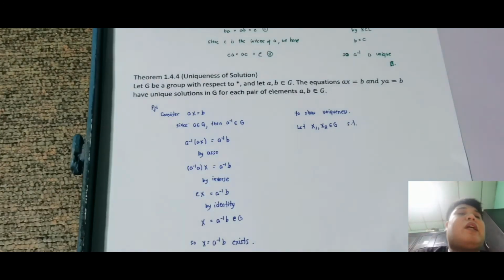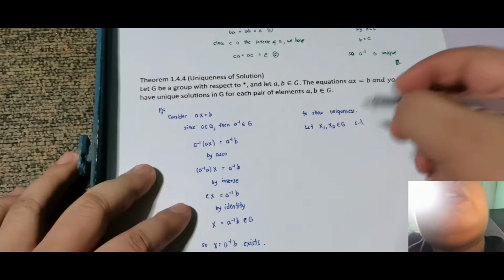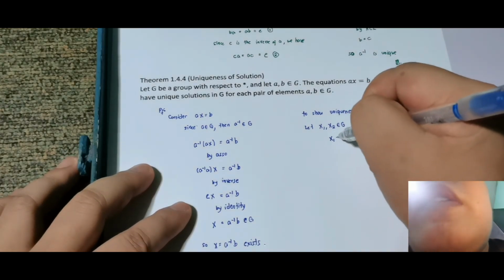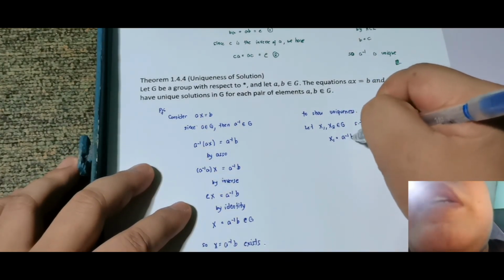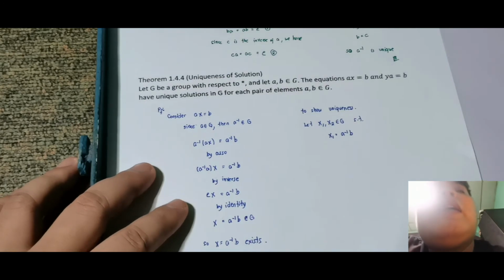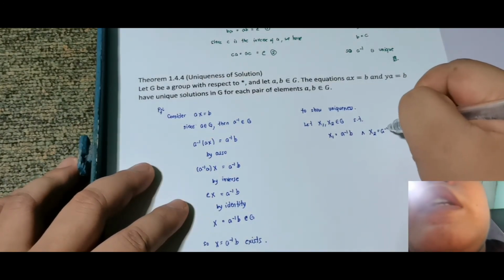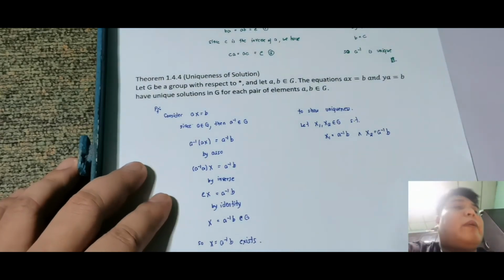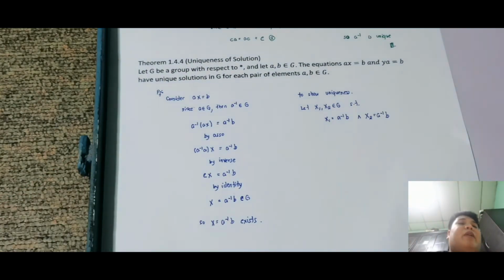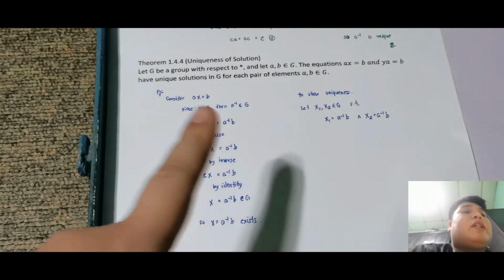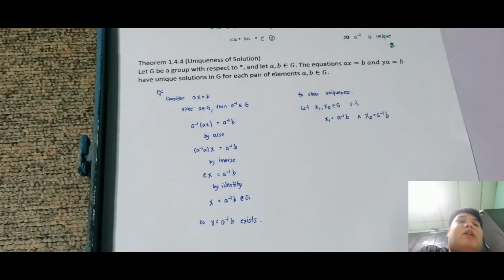Kung baga nag-let tayo ng dalawang solution which is x sub 1 and x sub 2 such that x sub 1 is equal to A inverse B. Tama? And x sub 2 is equal to A inverse B. So, parehas sila. Magkaiba sila pero parehas ng format. Okay, so now, we need to show na si x sub 1 is equal to x sub 2. So, paano natin gagawin yan?